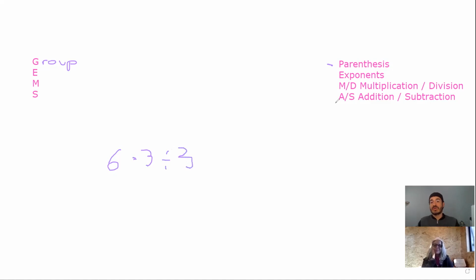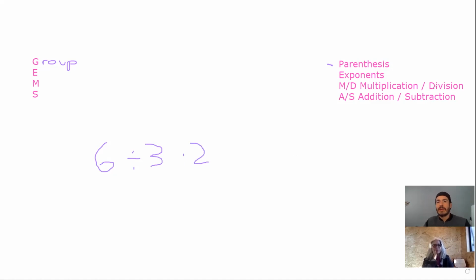So what do we do first? Do we do multiplication? Because that's listed first in PEMDAS. We don't. We work left to right. So maybe I should have done this instead. Six. We work left to right. Okay.